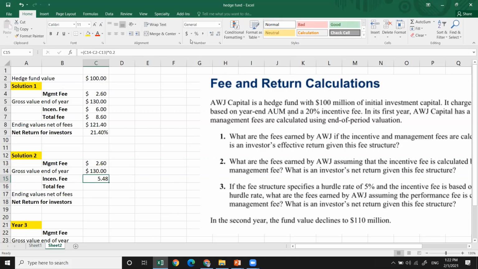And the value we get here is 5.48 million. As you can see, it's lower when you consider this, and the total fee is this. Ending value net of fees is, as we had here, 130 minus this.